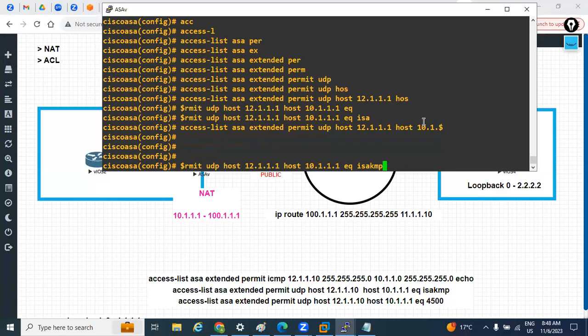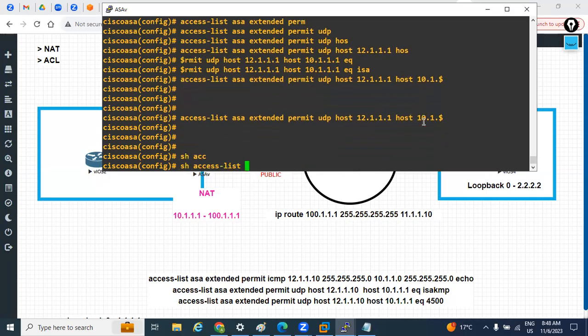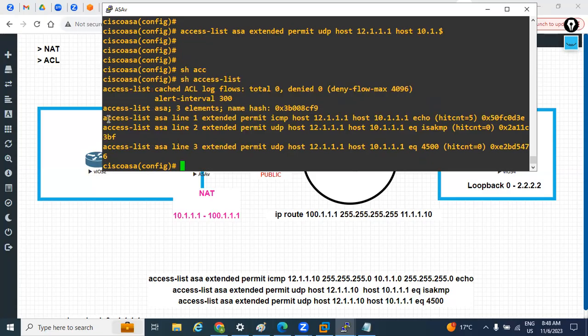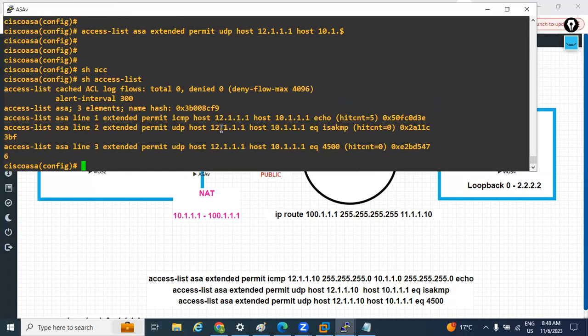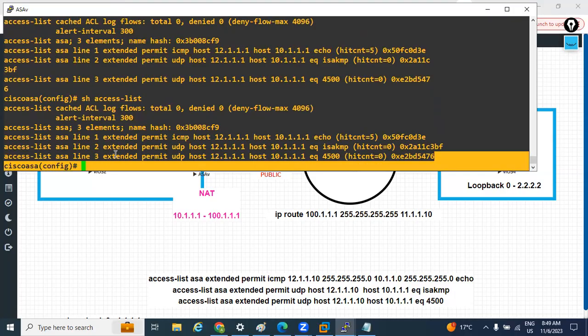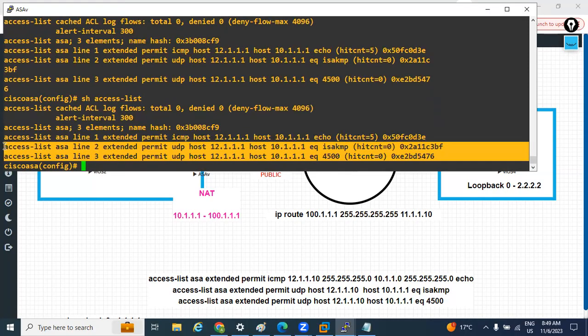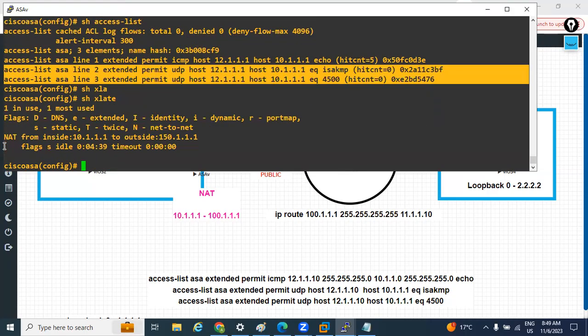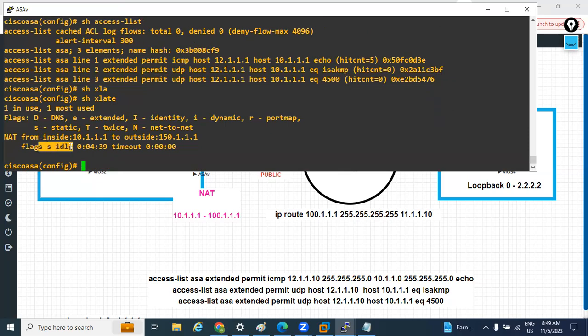This is 1, and second is port number 4500 UDP. So show access list. I have added 2 more entries.